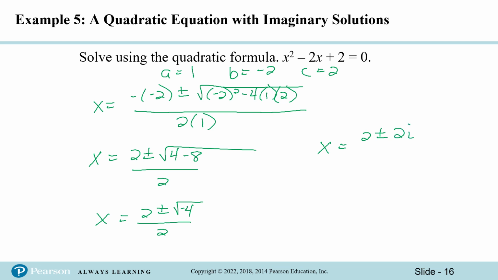We take the square root of the negative and the square root of the 4 over 2, and I can factor out the 2 from the numerator. And I can cancel.